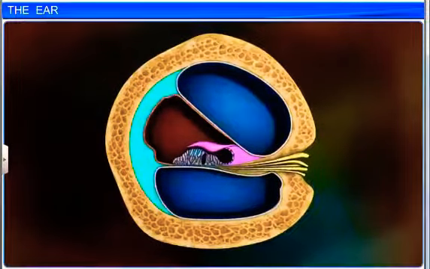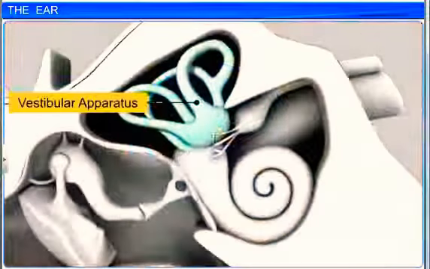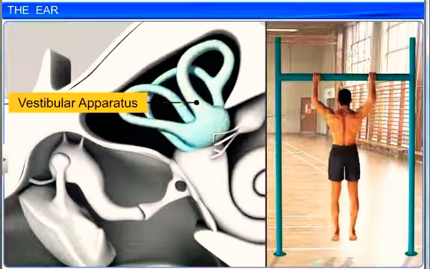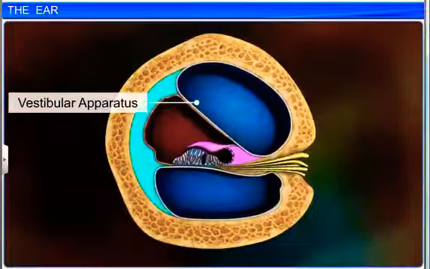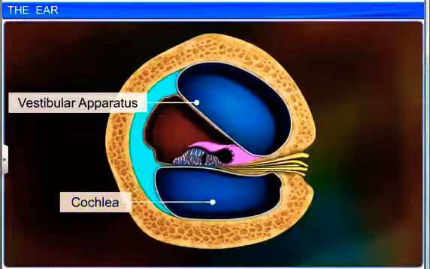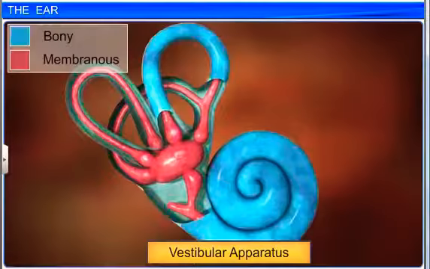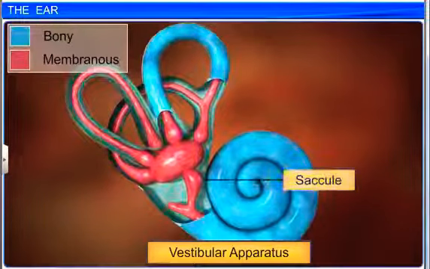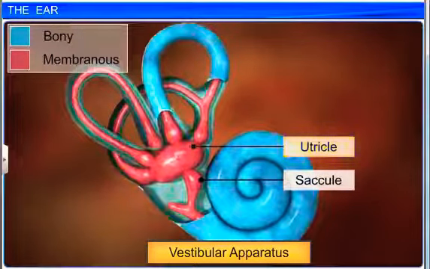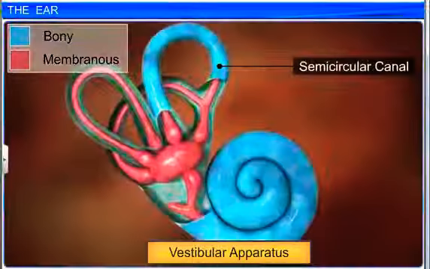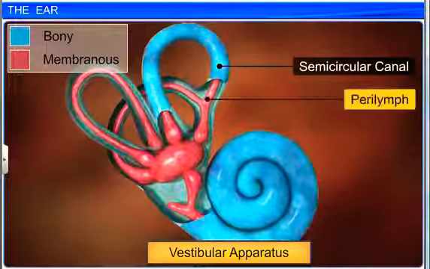The inner ear also contains a complex system called the vestibular apparatus that helps maintain the body's balance. It is located above the cochlea and consists of 3 semicircular canals and the otolith organ, which consists of the saccule and utricle. Each semicircular canal is C-shaped, lies at right angles to the other two, and is suspended in the perilymph.